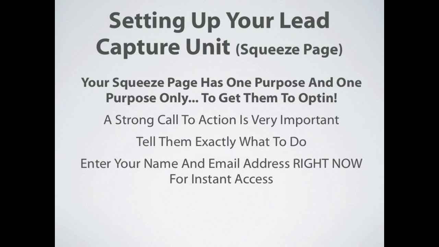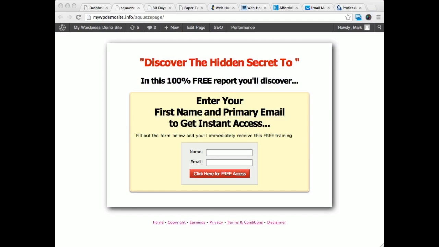So let's take a look at this squeeze page once again. What's absolutely important, we have our headline up top. Under our headline, we're either going to have maybe a subhead, maybe a paragraph, maybe a couple of bullet points, or maybe just a few words like I have right here. Up top, we're going to tell them they're going to discover the hidden secret to losing 5 pounds in only 5 days.